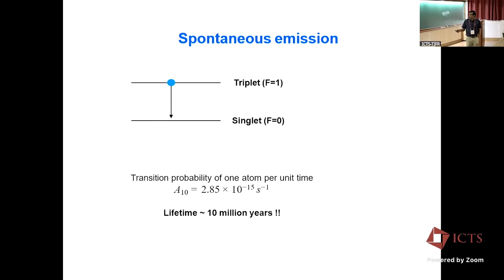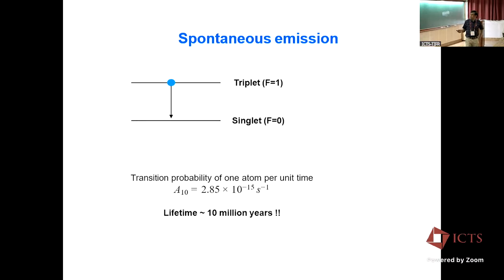And if we convert it to a time scale, it is around 10 million years. That means if we just take a hydrogen atom in the triplet state and leave it alone, it will take around 10 million years to decay to the singlet state on average, right?